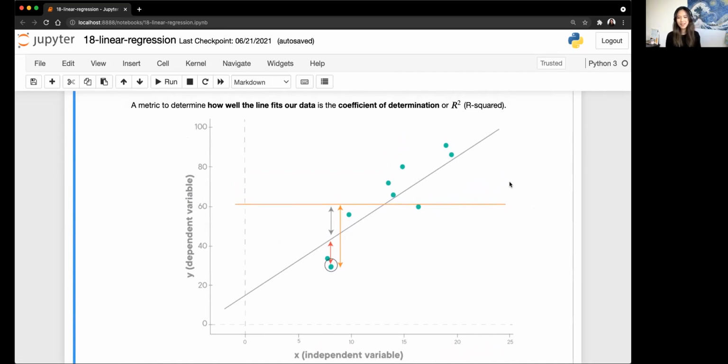The logic behind that is, let's say you don't know anything about building a model. The best way to make some sort of prediction is to just guess the average, right? That's what this y bar is. I'm going to scroll down in a little bit, but basically you have to keep track of the distance from the data point to the model and the distance from the data point to the average.